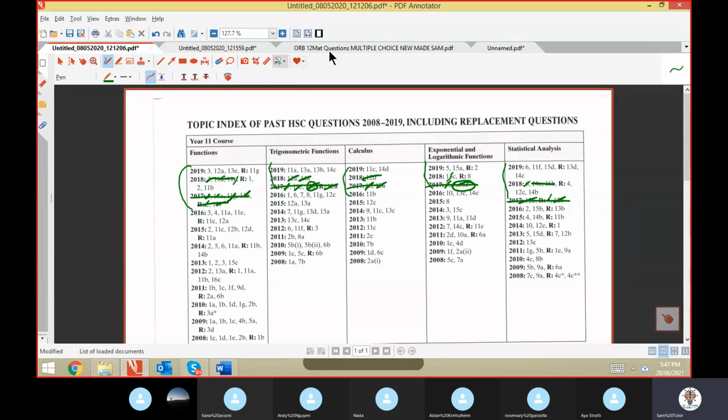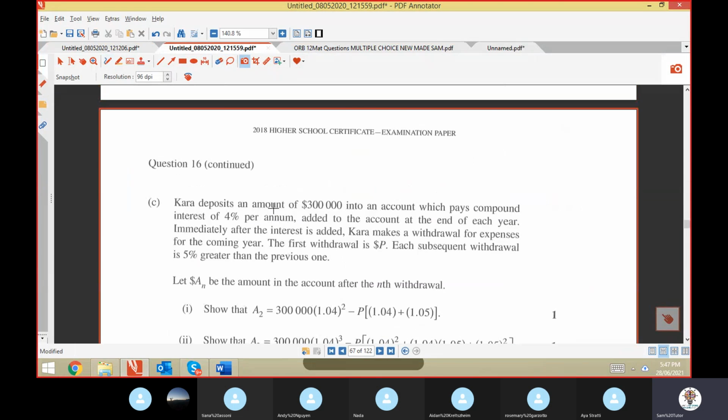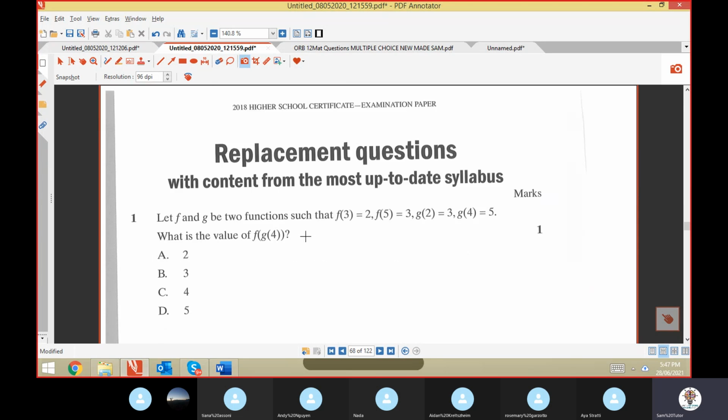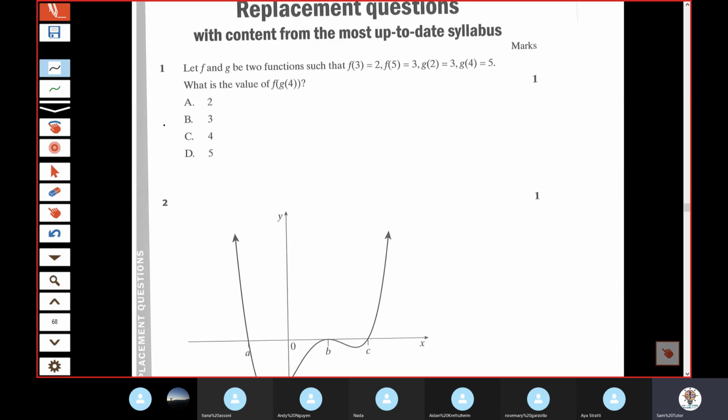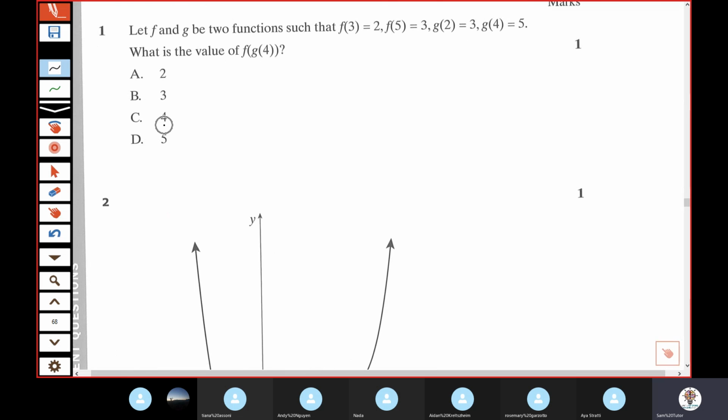Question 1. Let f and g be two functions such that f of 3 is 2, f of 5 is 3, g of 2 is 3, g of 4 is 5.